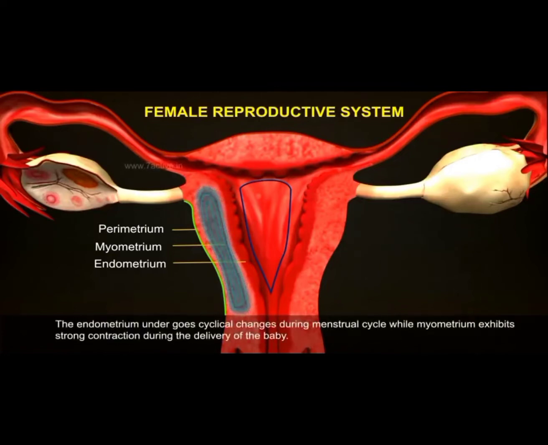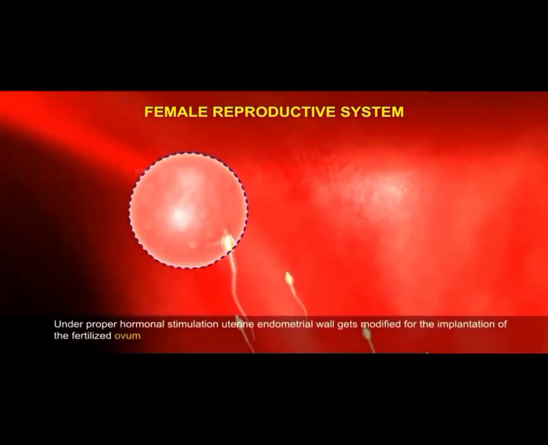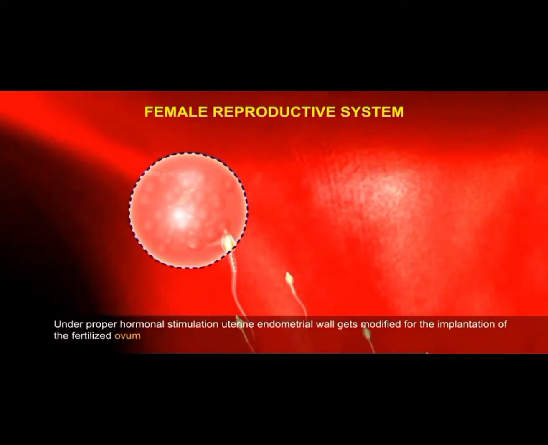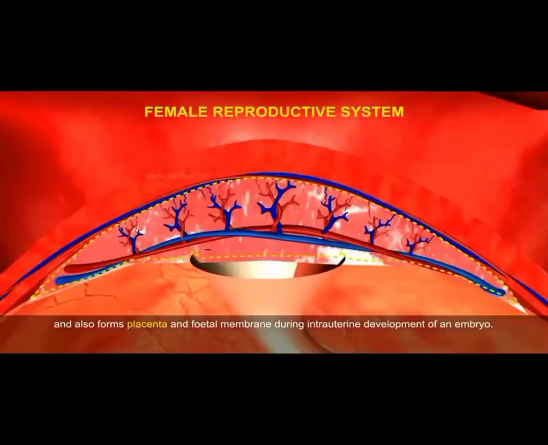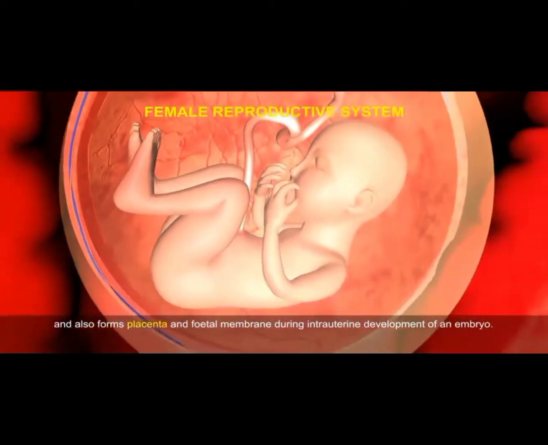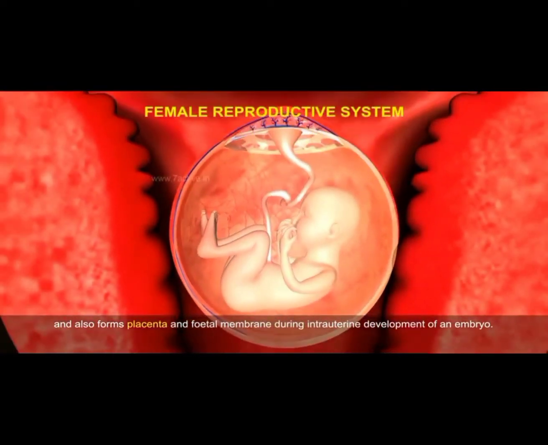The endometrium undergoes cyclical changes during the menstrual cycle, while the myometrium exhibits strong contractions during the delivery of the baby. Under proper hormonal stimulation, the uterine endometrial wall gets modified for the implantation of the fertilized ovum, and also forms the placenta and foetal membrane during intrauterine development of an embryo.